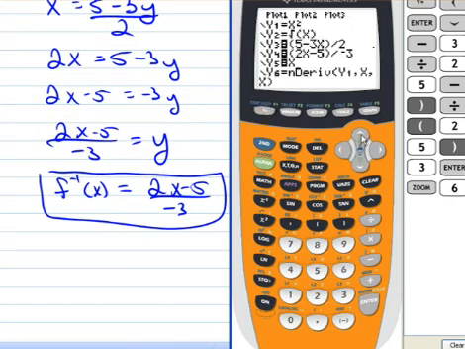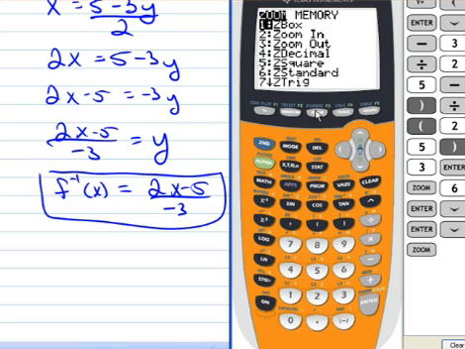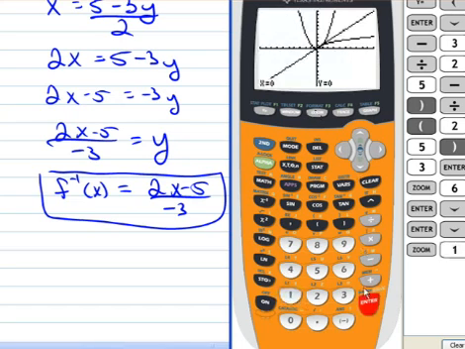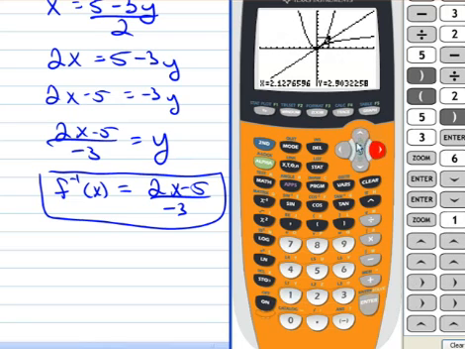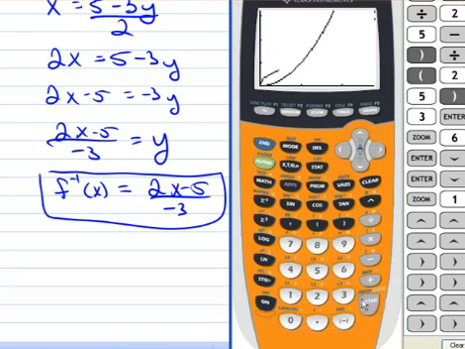Let's do this then. Let's turn that on. Let's turn that off, and let's leave that on, and look at that. And this is why I had the zoom box, because I don't want to look at the negative x values. I just want to look at these. What are the two lines and their relationship to x?